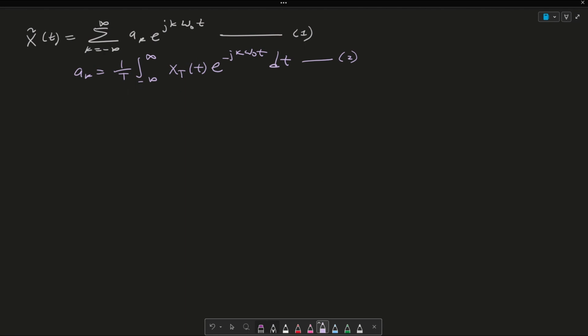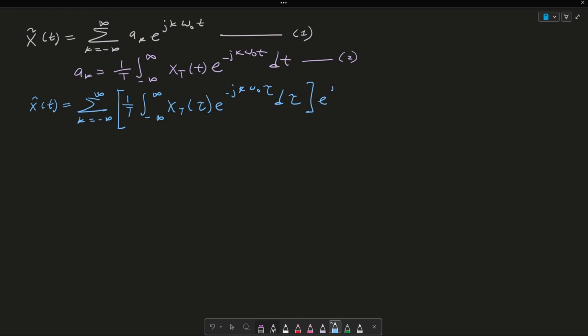If we sub equation 2 into equation 1, we get that my repeating function x tilde of t is equated to the sum of k equals minus infinity to infinity, a_k is this 1 over T, integrated from minus infinity to infinity, x_T of tau e to the minus jk omega naught tau d tau, and then e to the jk omega naught t.